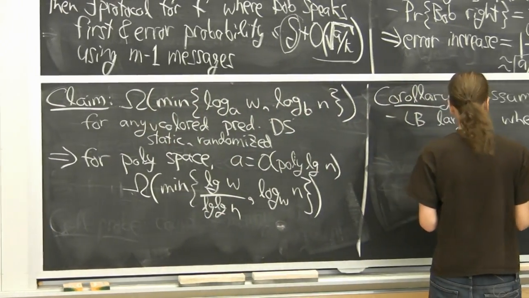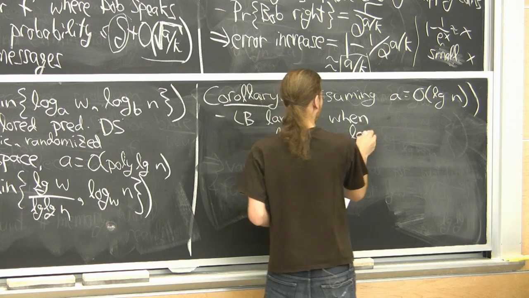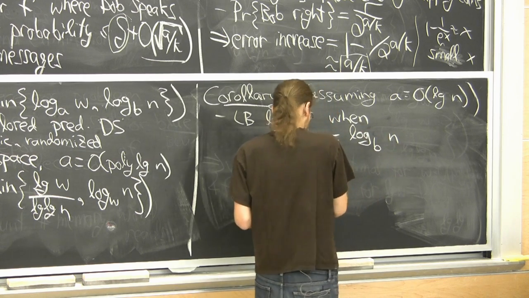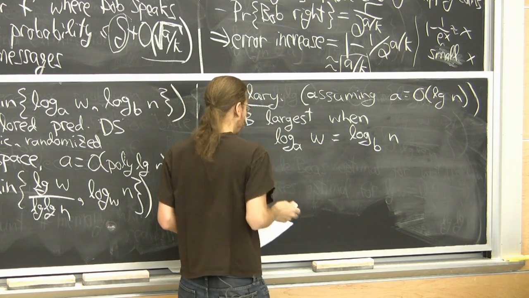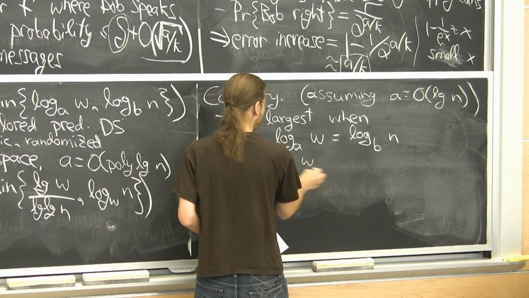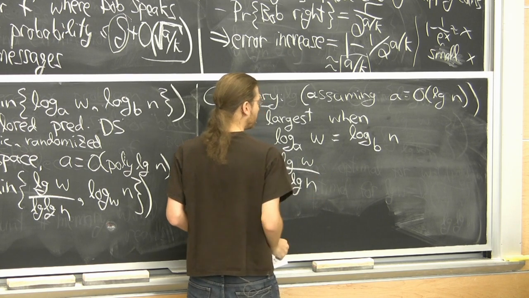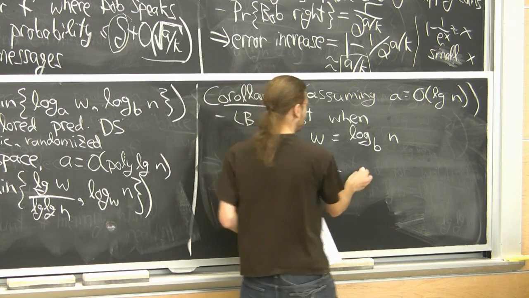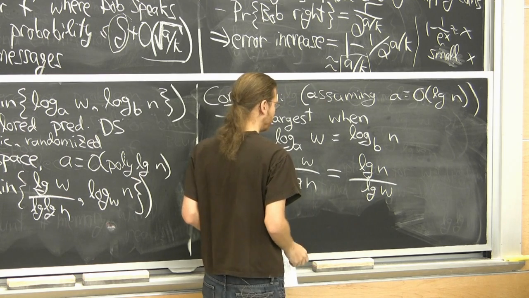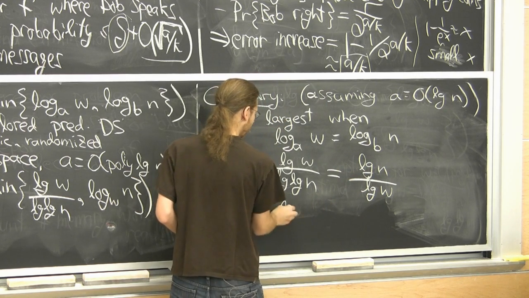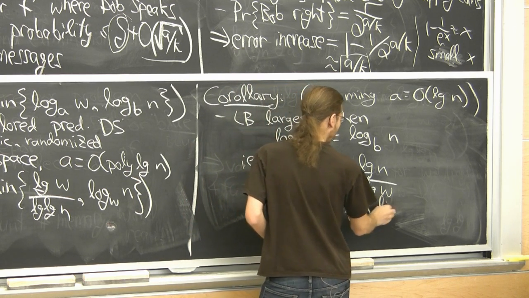So log base A of w equals log base B of n. That's these two guys. So this is log w over log A, where A is order log n, so this is going to be order log log n. And I want this to be equal to log n over log w. So we can cross multiply, get log squared w equals log n log log n.